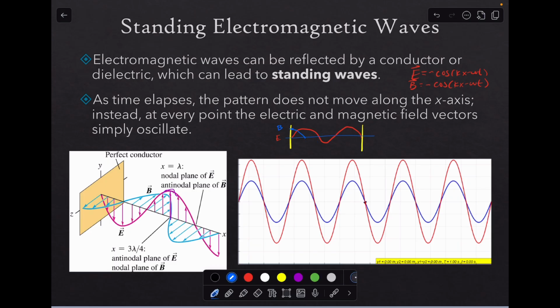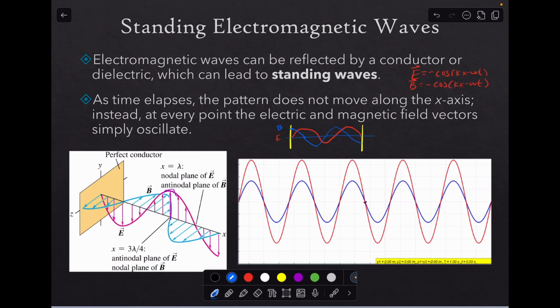It's hard to draw it. We're drawing it basically half a wavelength out of phase. So wherever E is a max, B is a min. Wherever E is a min, B is a max. There we go. Cross is 0 here, and then max is here, and then cross is 0.